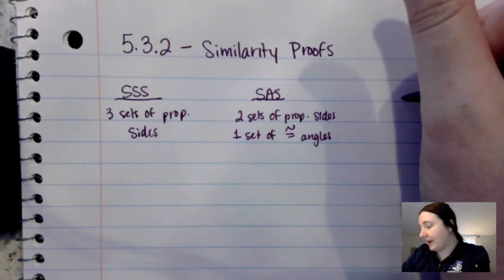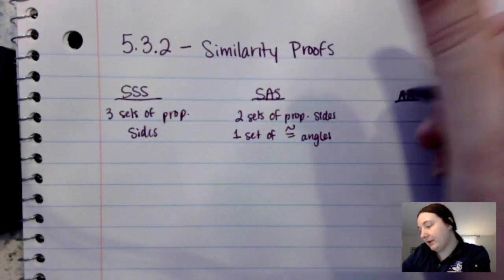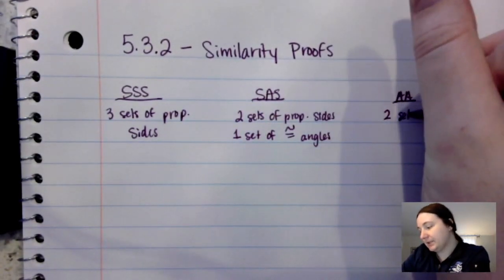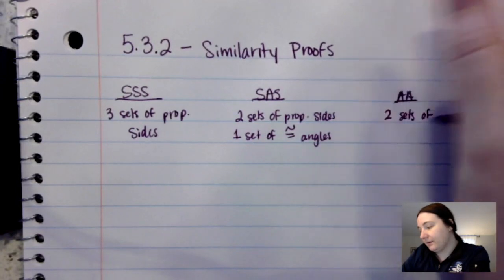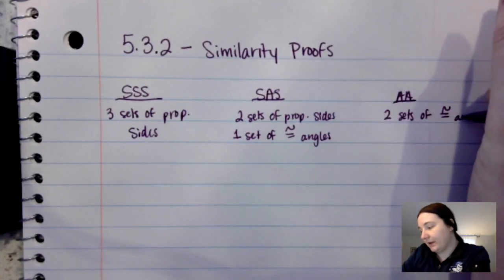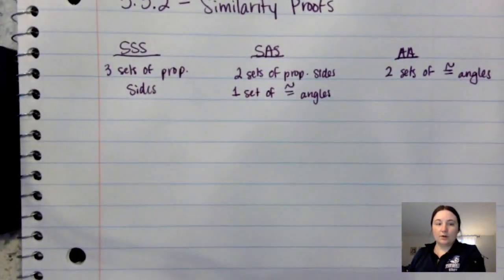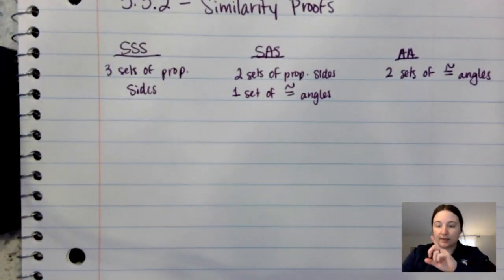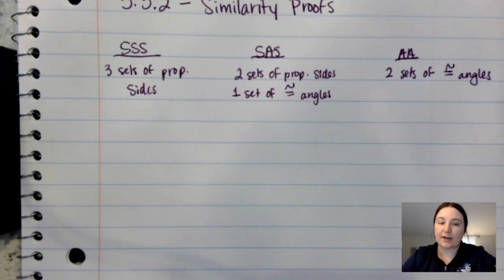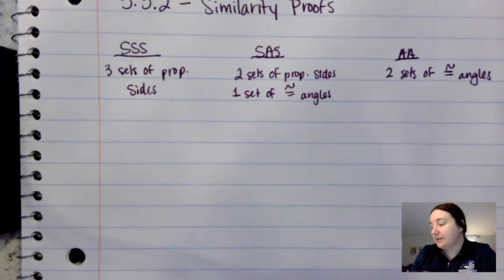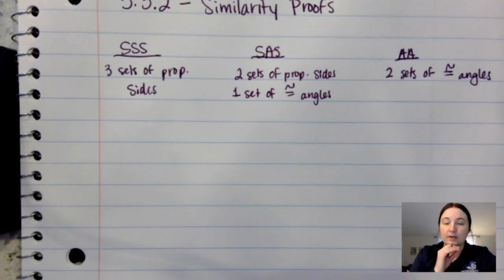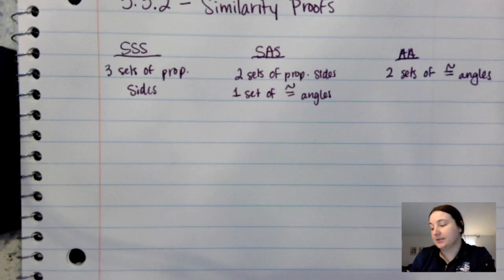And then we have AA, which is where we need 2 sets of congruent angles. So if you need to pause that to get everything down, I know I'm a fast writer, you can do that. But this is going to be the evidence that we're looking for to be able to complete each proof. We need one of these 3 things, and we need to prove this set of evidence.